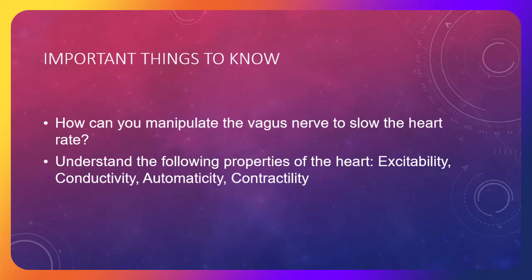That's why this automaticity property can be an awesome thing for survival, or it can be what will kill us. So you've got to remember that. Contractility is simply the ability of the heart to stretch and to snap back. Stretch and snap back. Questions on those four words?